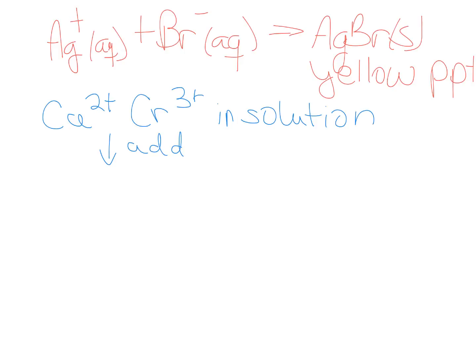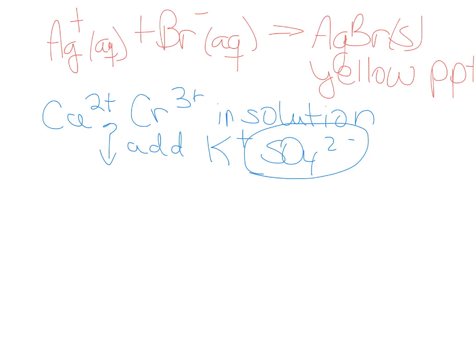Okay, so that means we're going to add K+ and SO4 2- ions. Once again, we're not really worried about the K+ because it's typically soluble, so we're concerned about this sulfate. And what might happen when it encounters calcium 2+ or Cr3+.